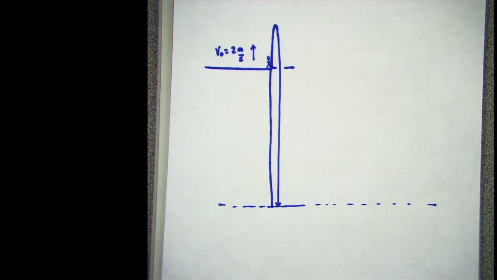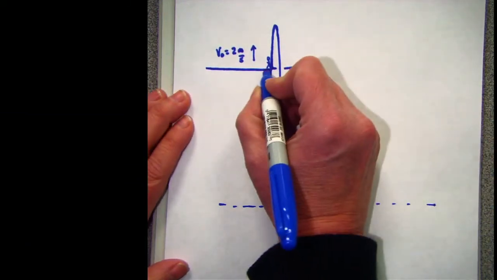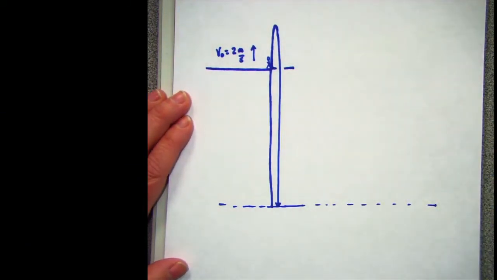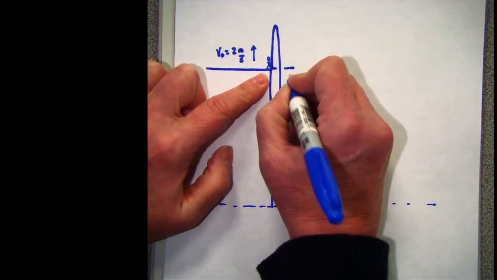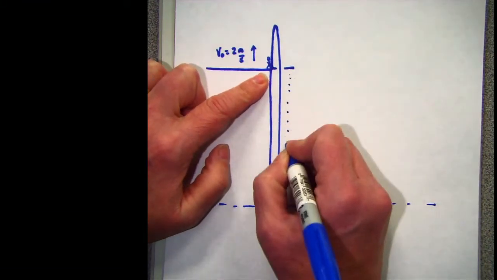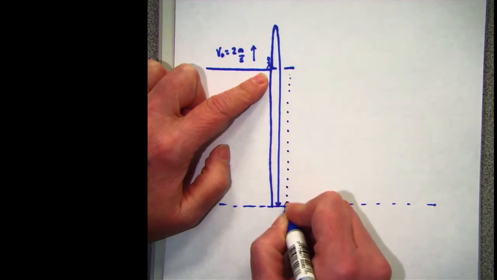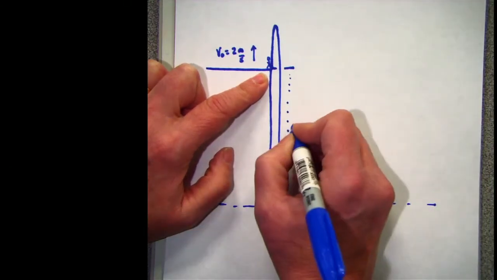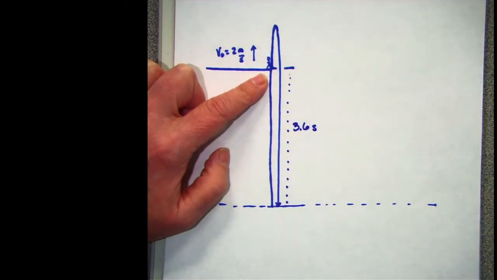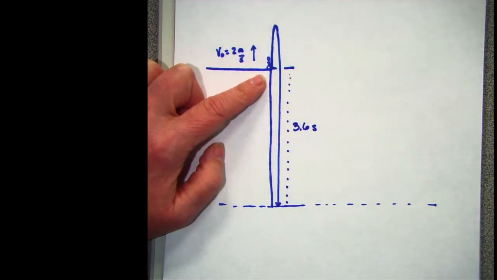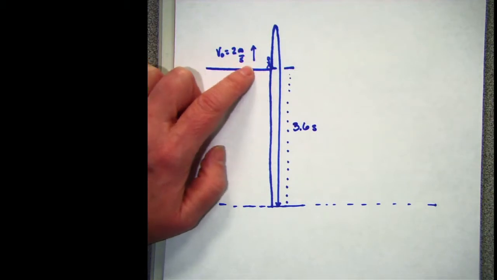Okay, so we're going to time it. We're going to start the timer, and we're going to give ourselves that the time it takes to fall is 3.6 seconds. All right? We know the initial velocity goes up.